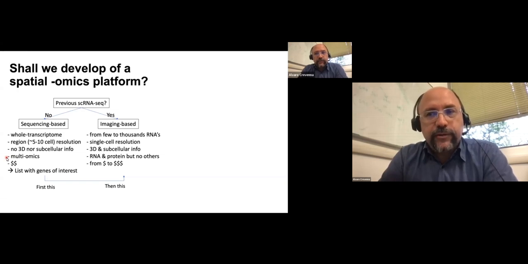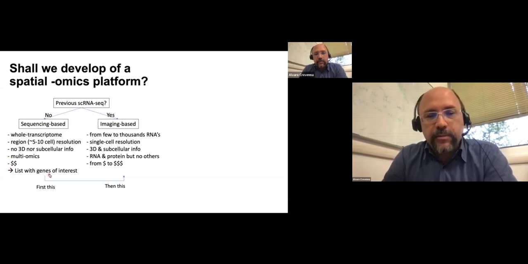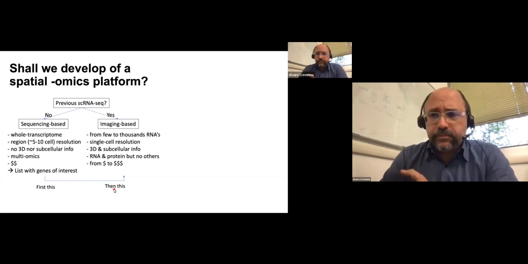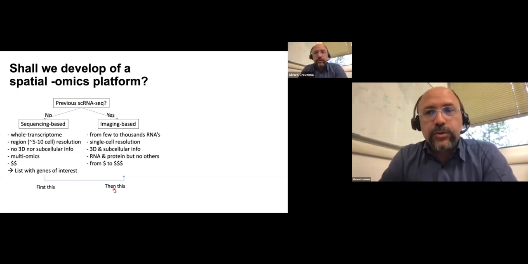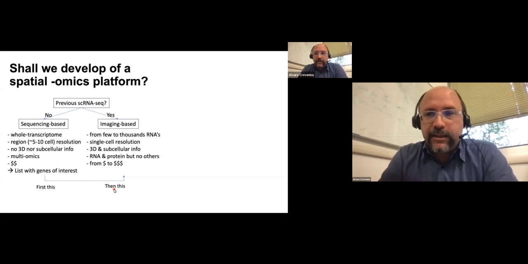Most of this is commercial, although there are some open source initiatives, and I've seen a couple of papers dealing with that. What you get out of that is a list of genes of interest. Armed with that, you can then move to imaging-based approaches, where you could profile from a few to several thousand genes. As companies build panels, you can potentially go even larger.